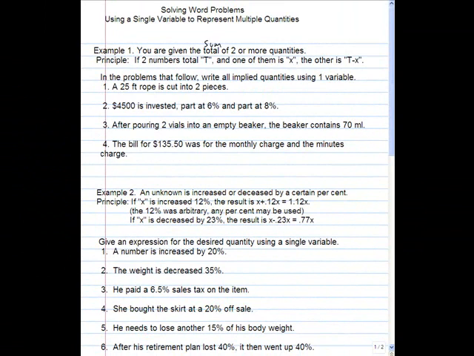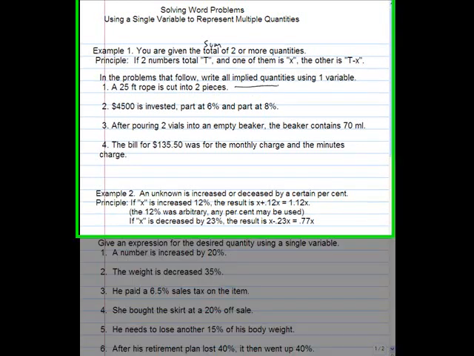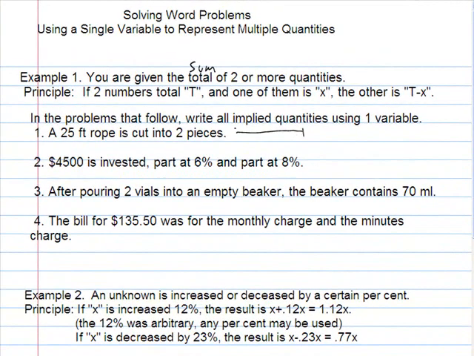So let's see how that principle applies in some actual examples. It says, in the problems that follow, write all the implied quantities using only one variable. So in the first one, a 25-foot rope is cut into 2 pieces. Well, if the rope gets cut into 2 pieces, then there are 2 quantities we're talking about, the shorter piece and the longer piece. So if I let the shorter piece be X, then I've got the total of 2 is the length of the rope.